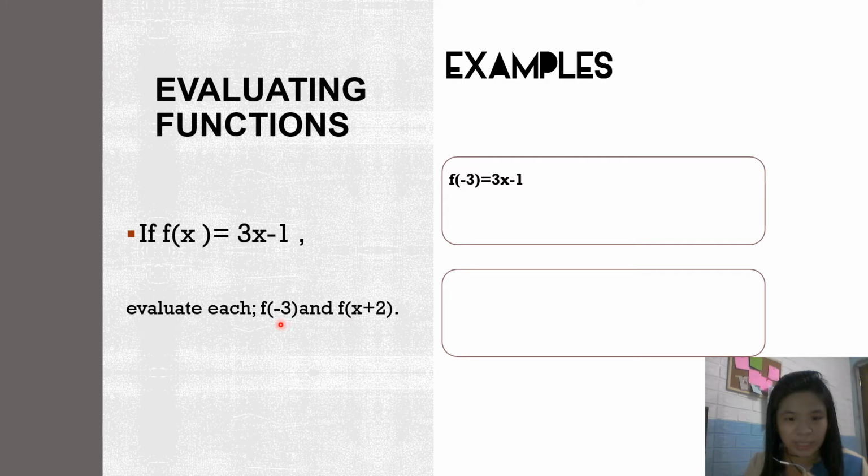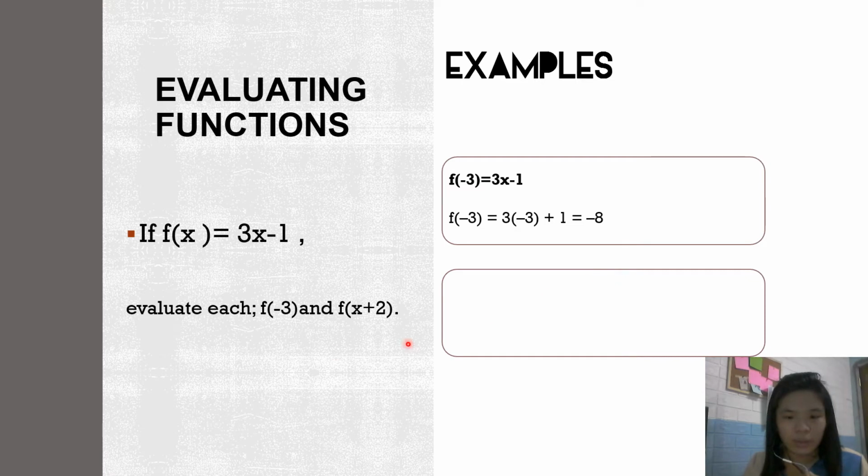What we are finding is f of -3. So we copy the function notation, then we substitute and simplify. That is 3 multiplied by -3, substituting the value of x by -3, minus 1. Negative 3 multiplied by negative 3 is negative 9. And negative 9 minus 1 is equal to negative 10.